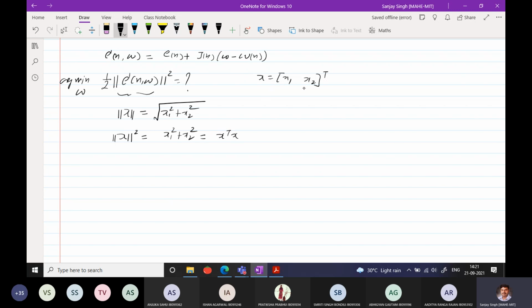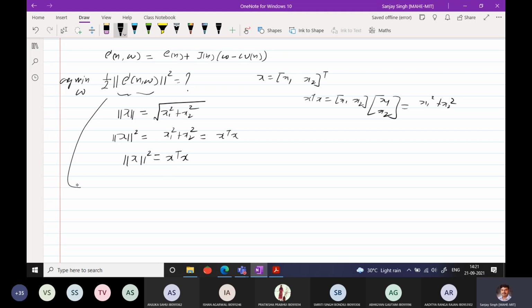If you take the inner product, x1 x2 with x1 x2, you will get x1 square plus x2 square only. So simply I can say it is nothing but x transpose x. I've explained it once again; henceforth I'll not be explaining. Whenever something like this comes, I can write it directly. So you should not get any confusion, okay?